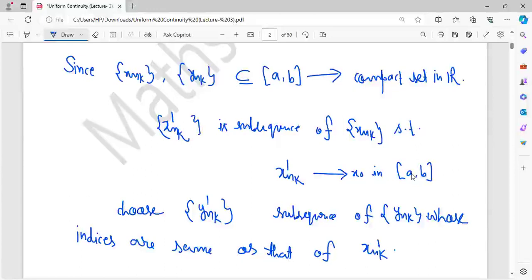So we have the sequence xnk1, which is convergent in the closed interval [a, b]. Similarly, we are taking the corresponding terms of the sequence ynk and calling it ynk1.